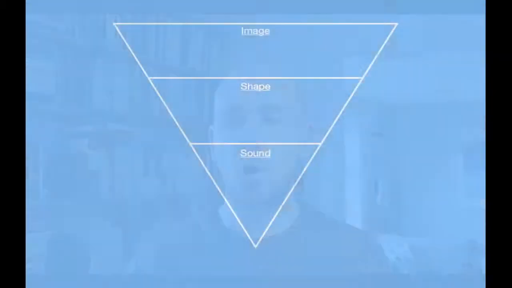Last time we looked at the way sound and shape worked in language. Now, if you haven't got a triangle, or you didn't see yesterday's lesson, go to that video after this one and watch that.